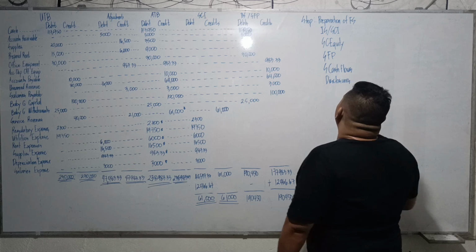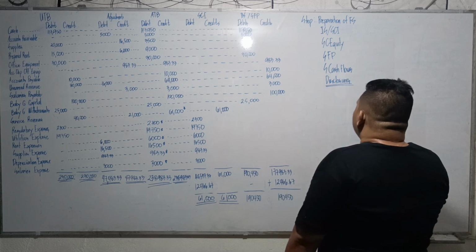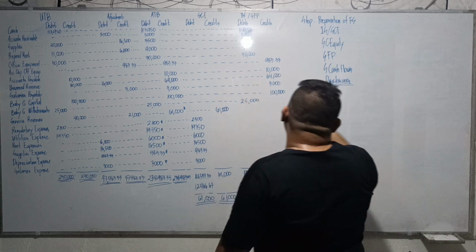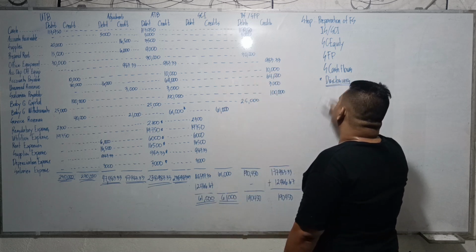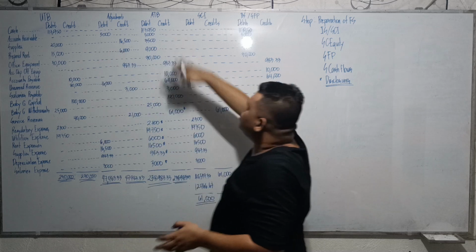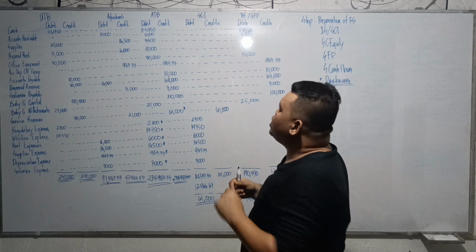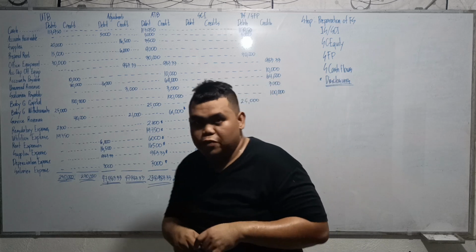Okay? Now, of course, we're not going to make an example of these disclosures based on the problem because these disclosures are just compositions of those balances, especially the adjusted balances. Like for example, cash. The cash is 117,950.